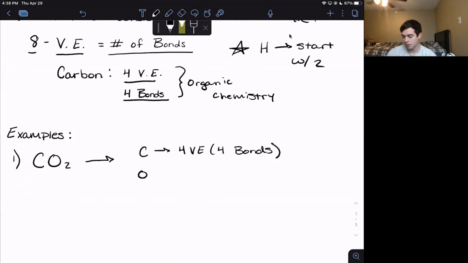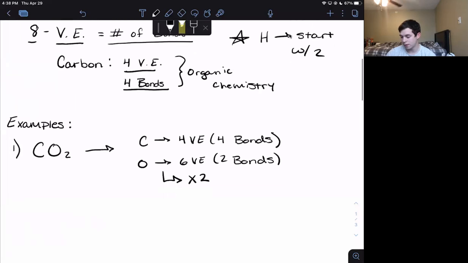And oxygen has 6 valence electrons, or 2 bonds. But there's 2 of those. So times 2. And that gives us a total of 16 valence electrons.